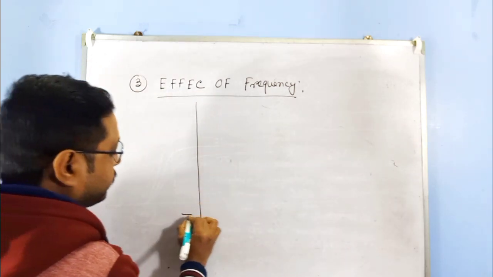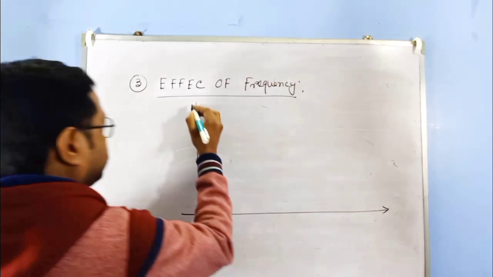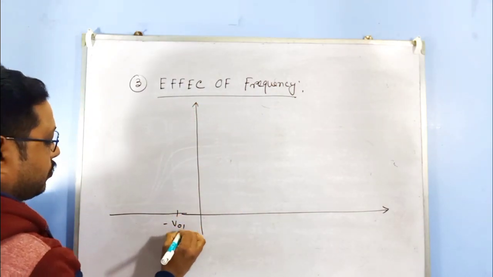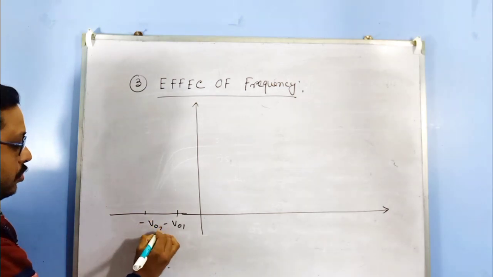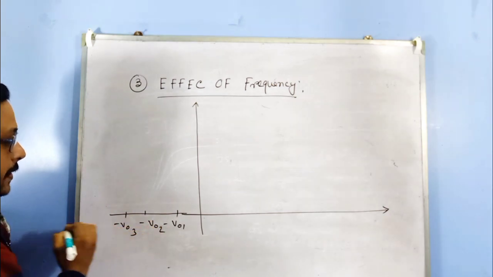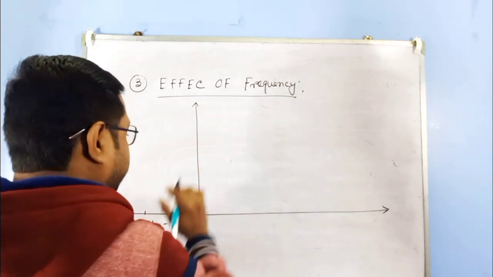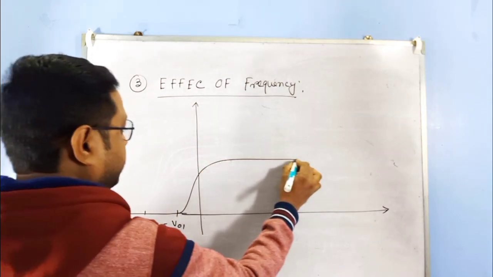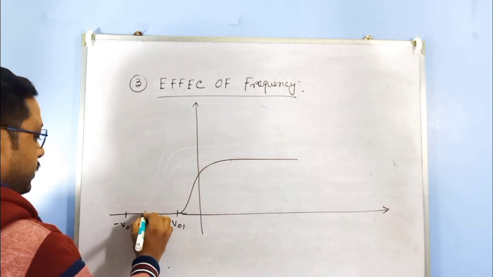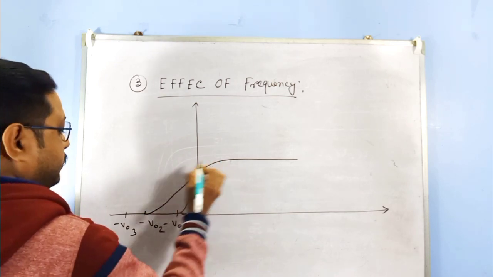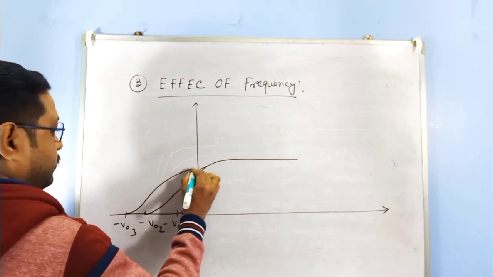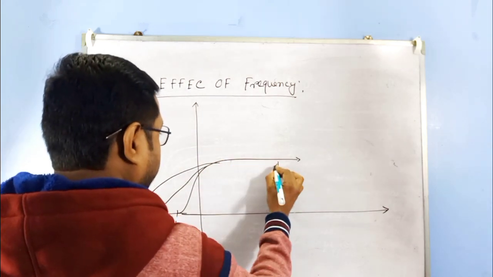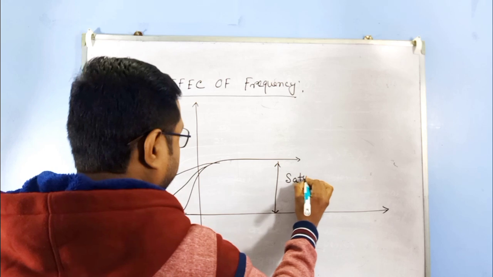If we draw a graph for three stopping potentials V01, V02 and V03 and adjust the intensity so that the saturation current is the same, this is the value of the saturation current.